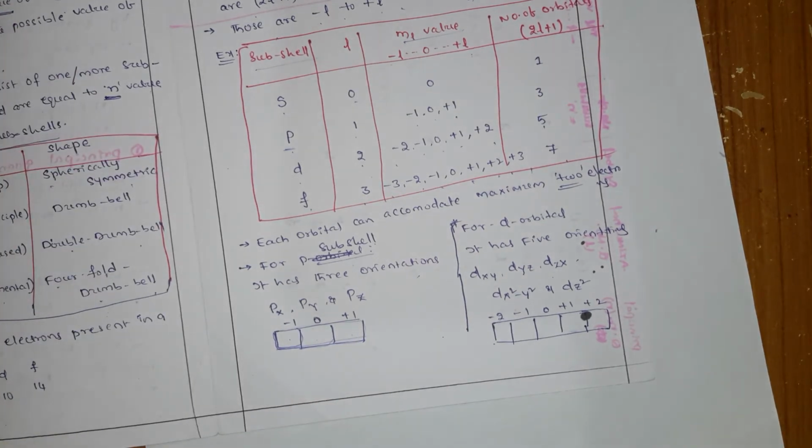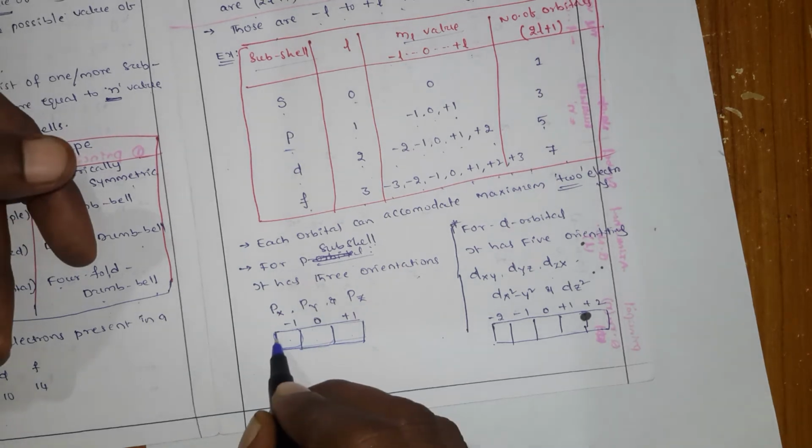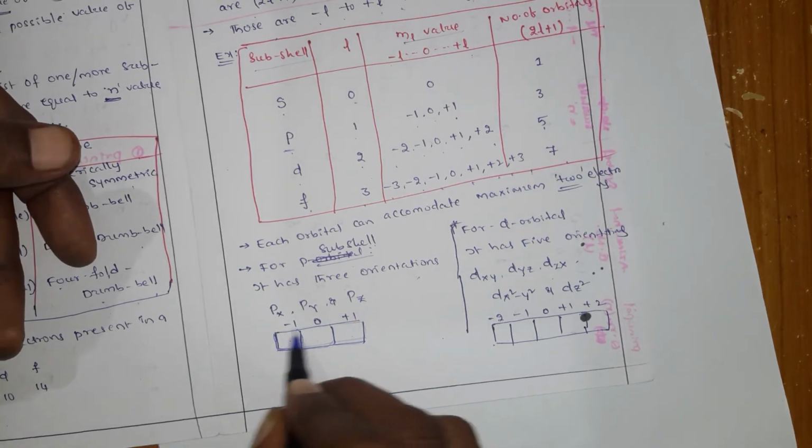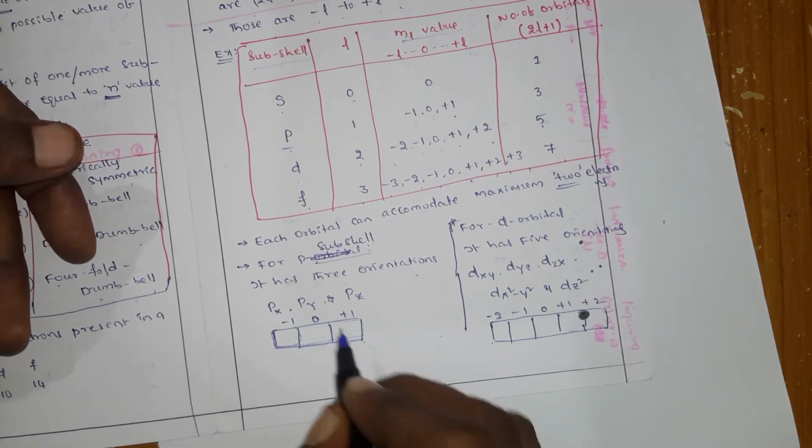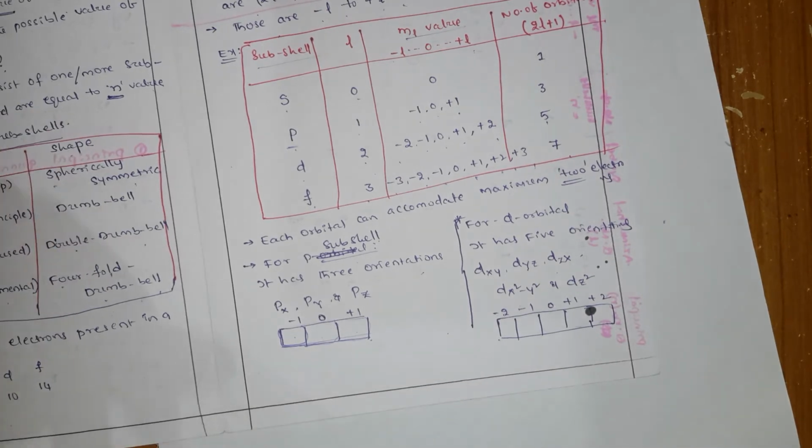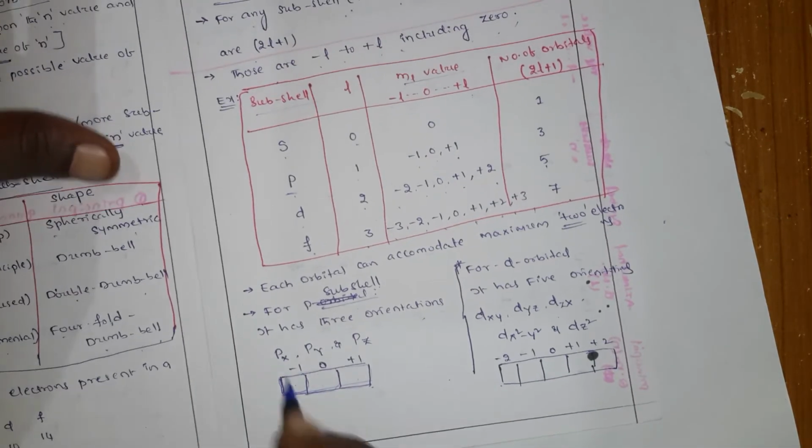Suppose the address came into your village, and where is your house? For that you need a house number. So this is nothing but your house number. Suppose this is your village, and these are the house numbers. So that information is given by the magnetic quantum number.